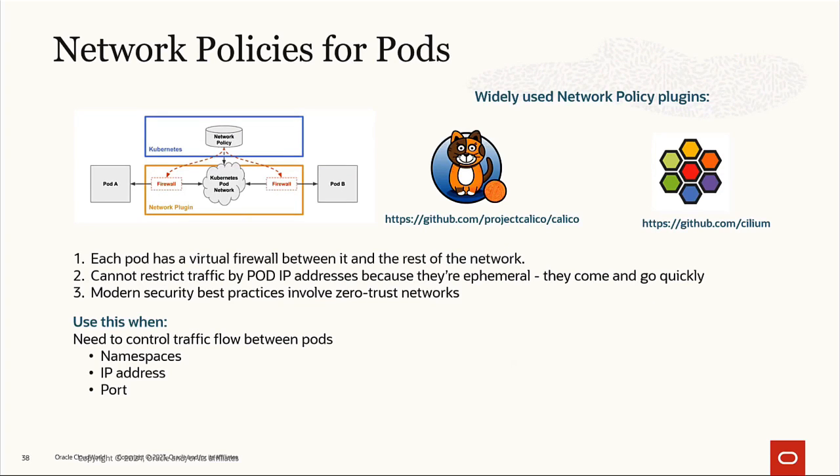But in order to control traffic within your OKE cluster itself, for example, if you want only traffic from certain namespaces to talk to each other, you would use what's called a network policy. A network policy defines access within your pods based on different things, for example, IP addresses, namespaces, or any other OCI resources.